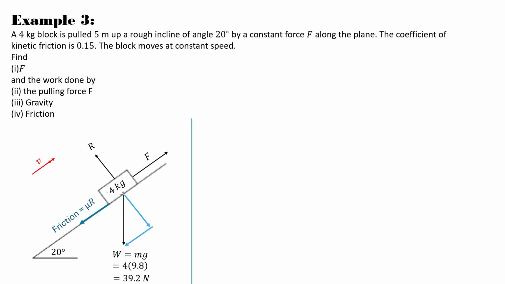So we can see here that we make a lovely right angle triangle and our 20 degrees hops up here. If you want to see more about that, you can look at the video on inclined planes as to why that angle will always match our incline angle. We know our weight then can be resolved into 39.2 cos 20, which works out at roughly 36.84 newtons, and 39.2 sine 20 degrees, which works out about 13.41 newtons.